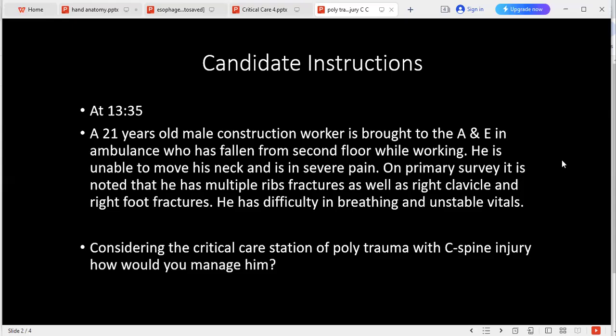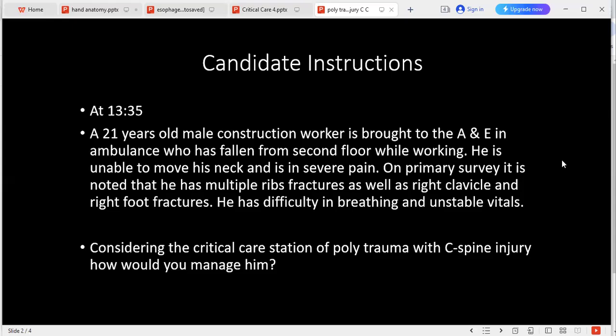I will first of all secure the cervical spine with the help of a hard collar, sandbags and tapes. And then at the side, I will also look out for the airways in this patient. I will look if the patient is not able to breathe or not able to talk, and look for any facial injuries, mandibular injuries, and look inside the mouth with the help of a jaw thrust.